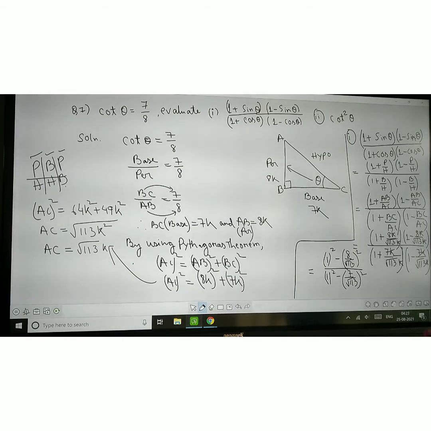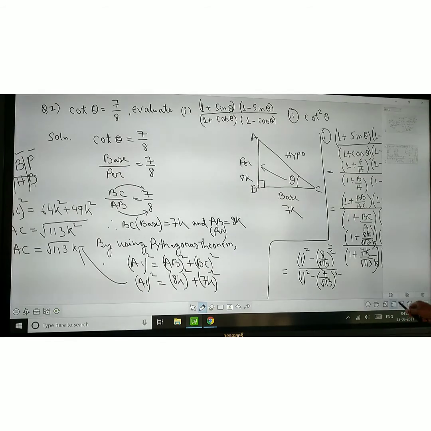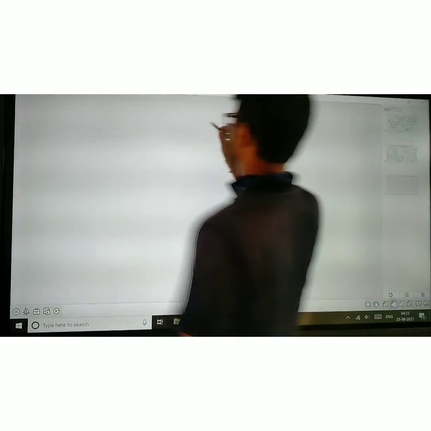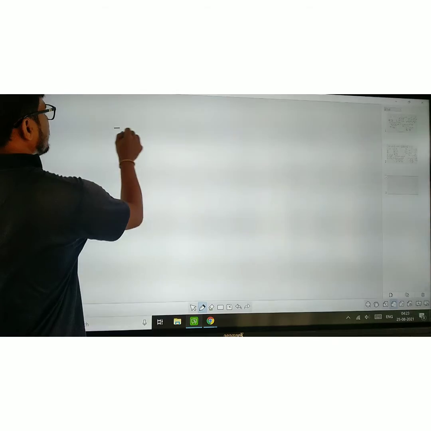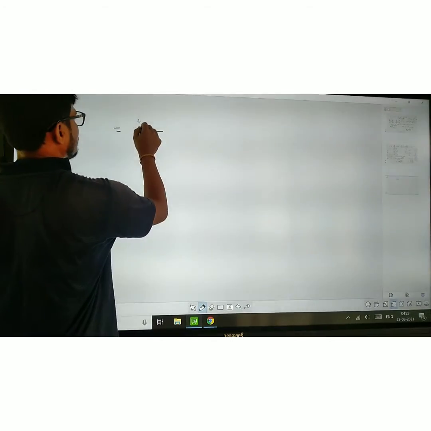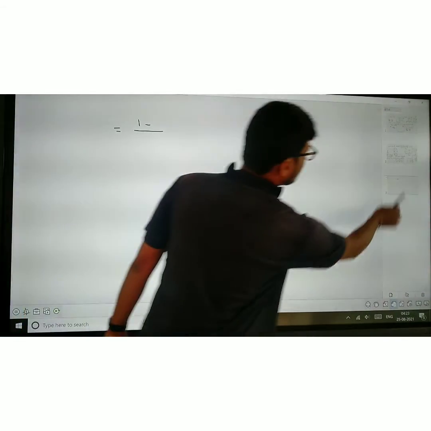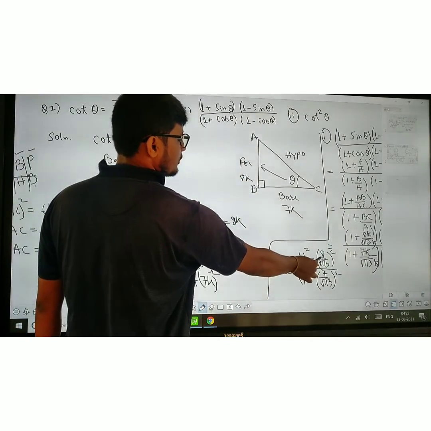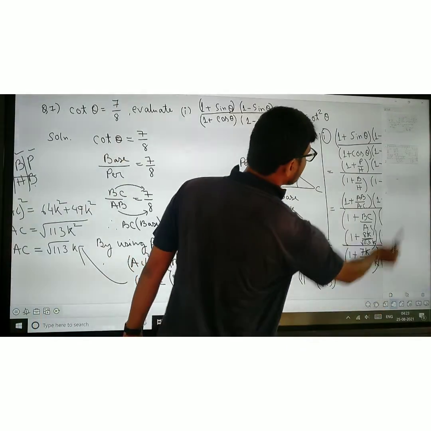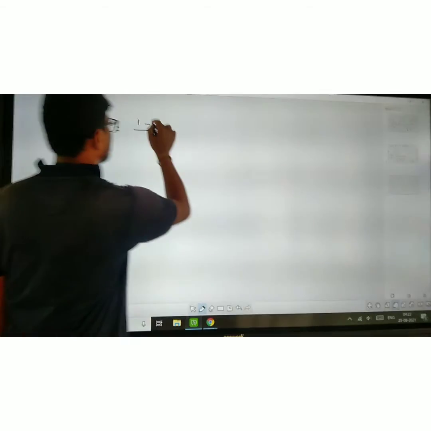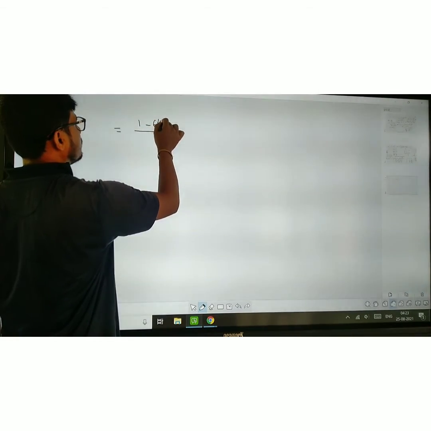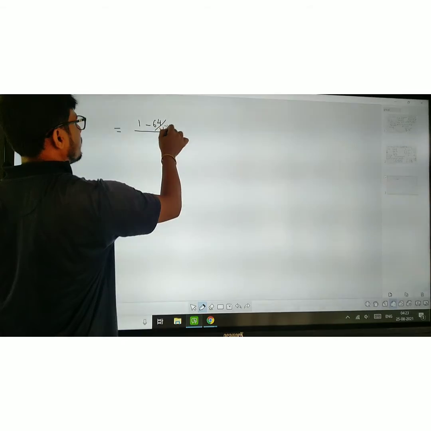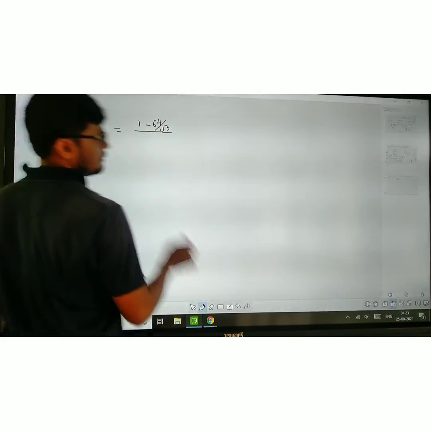Next line, we have to move to the next. So 1 square is 1 minus 8 square is 64. Root 113 into root 113 is 113. So 64 by 113.